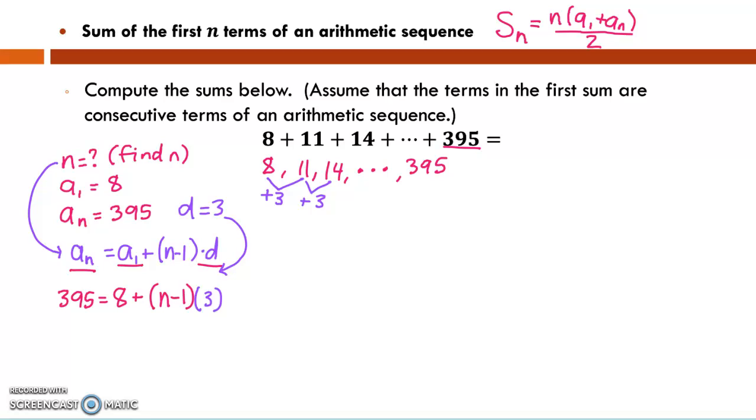So I solve. 395 equals 8 plus 3n minus 3 from multiplying this 3 in, or distributing this 3 through.